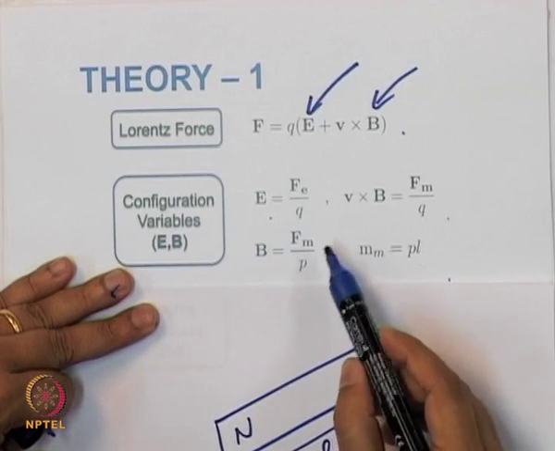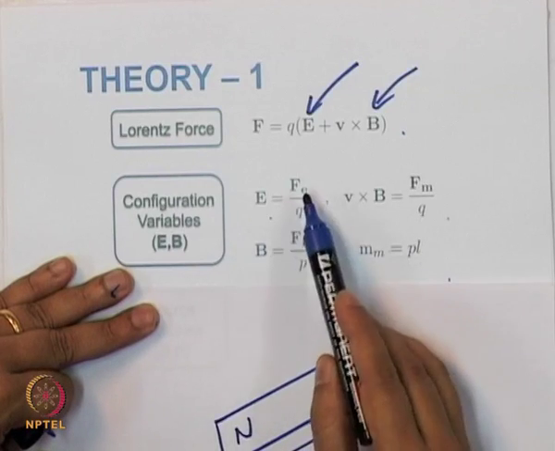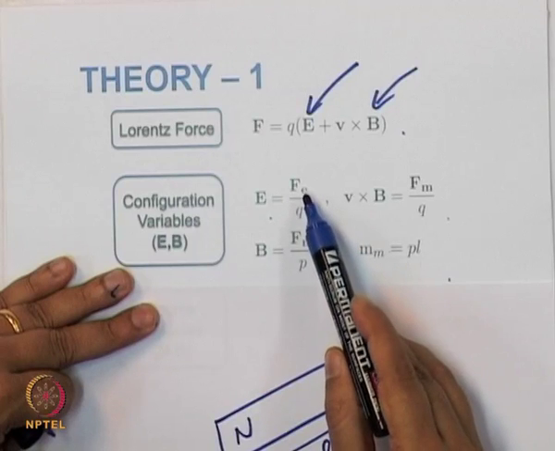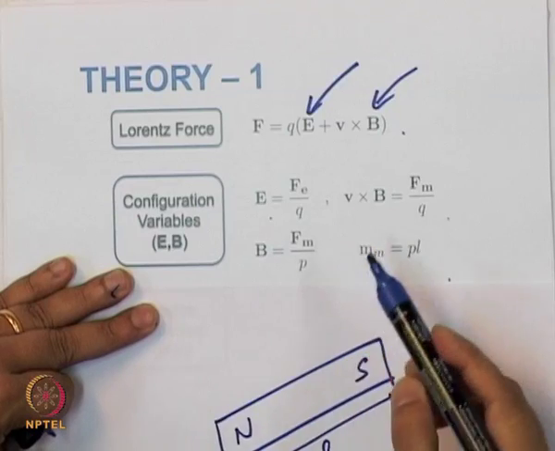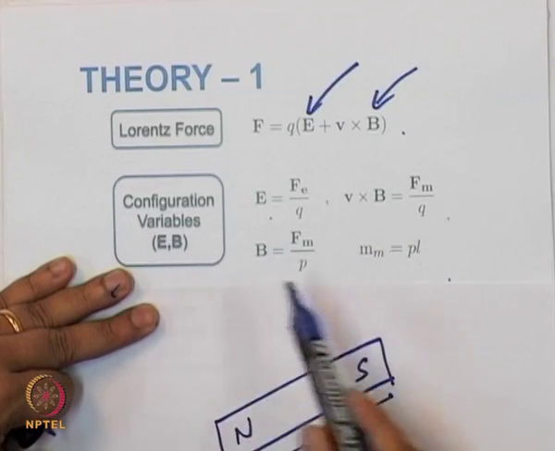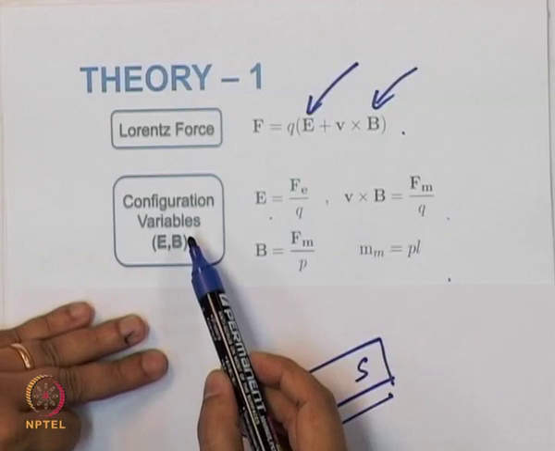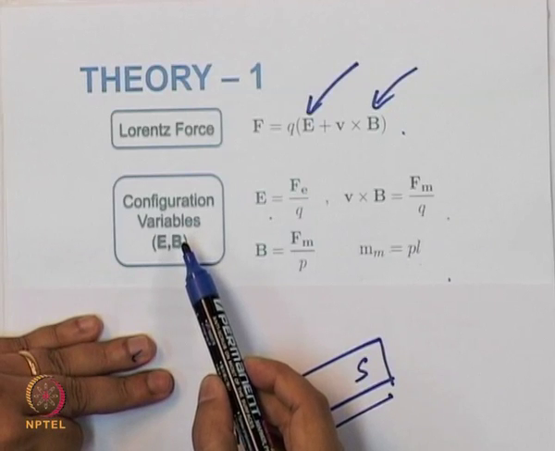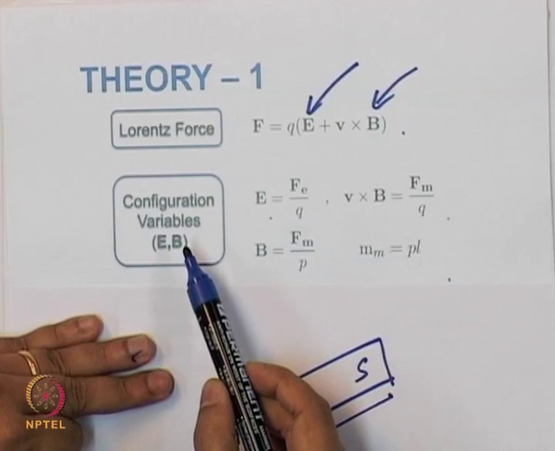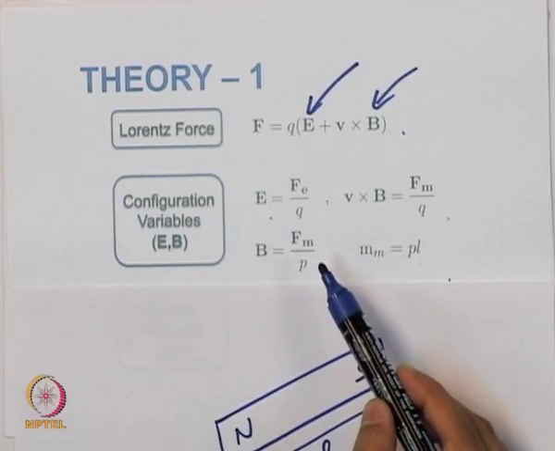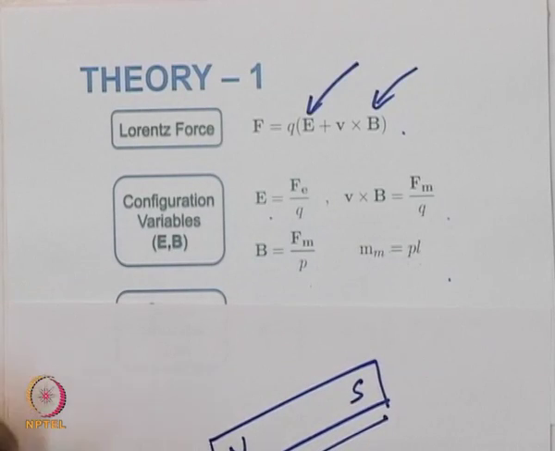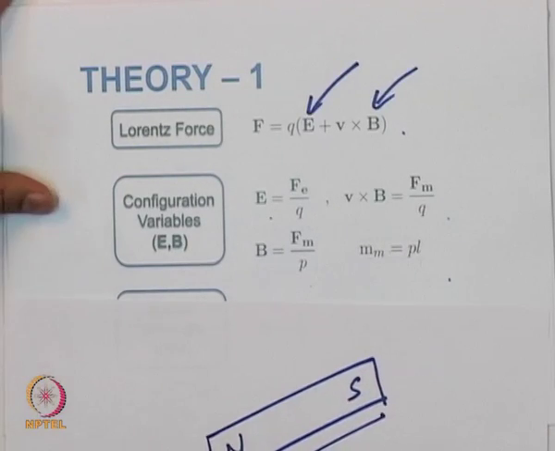Similarly, the electric field will be defined as the electric force acting on a unit charge, and this is the definition for the configuration variable. The configuration variables, as I have told you, are variables related to the charges of the electric or magnetic field. So that being said, let us go further a bit.